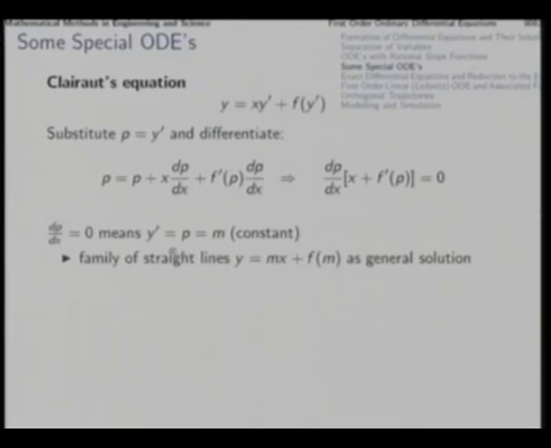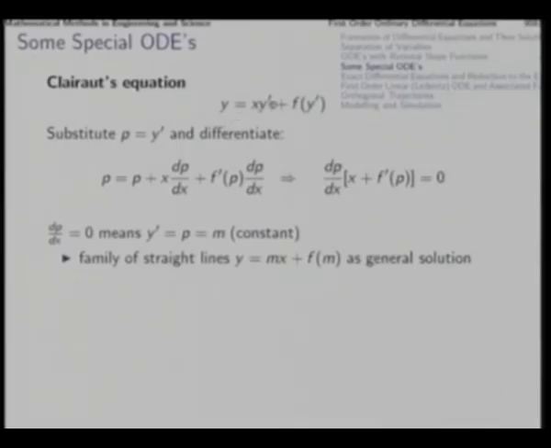You just integrate this, so you find y is equal to mx plus something, but then you already know that from here m is y prime. So, y is equal to mx plus that something, which should be f of m. So, this gives you the general solution of this differential equation.